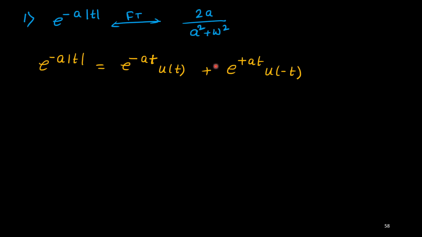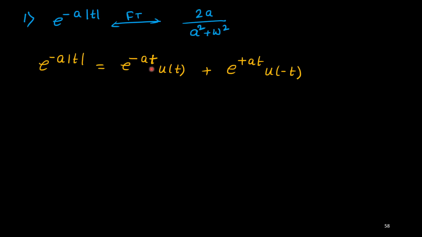The first signal we'll consider is e to the power minus a mod t. Its Fourier transform, we want to show, is 2a upon a squared plus omega squared. We can write e to the power minus a mod t as follows. For the right side, t more than 0, this is e to the power minus at.